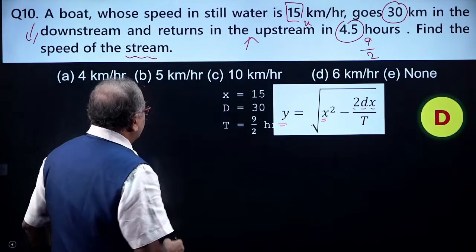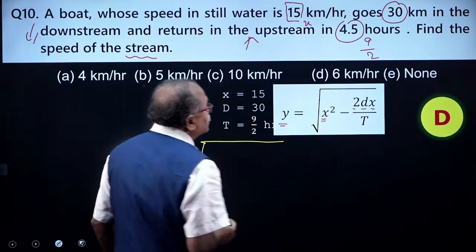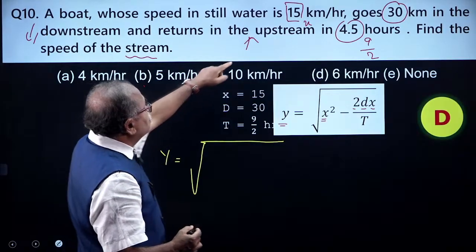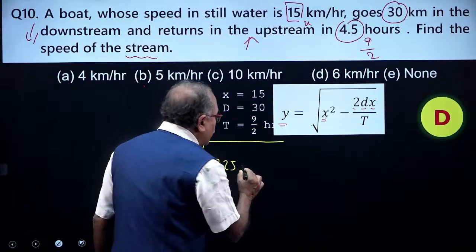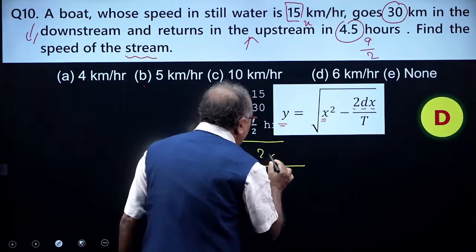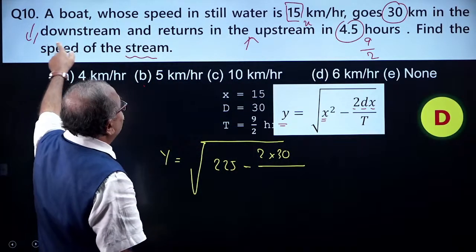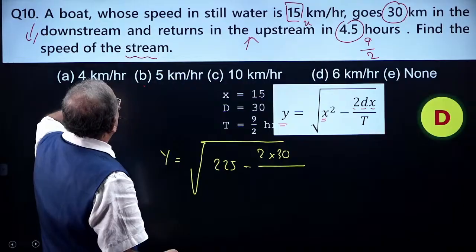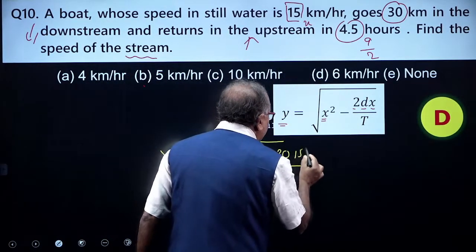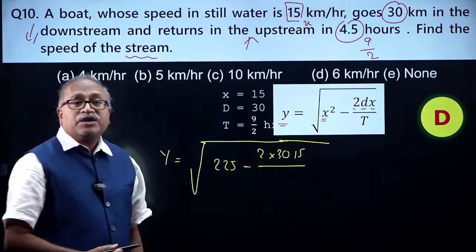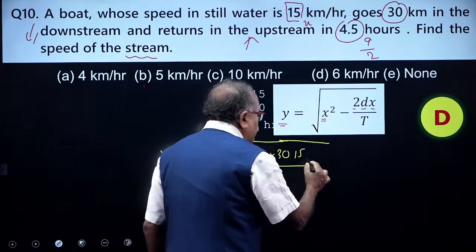My requirement is the speed of the stream, that is y, and y is equal to square root of x square, and what is x square? That's 15 square, that comes 225, minus 2 times the distance, which is given as 30 kilometer, and the speed of boat is given to us, 15, right my friends, divided by the total time 9 by 2.